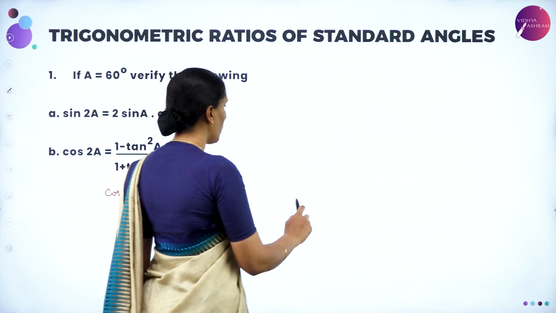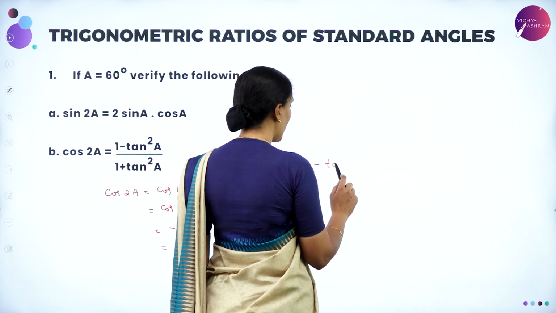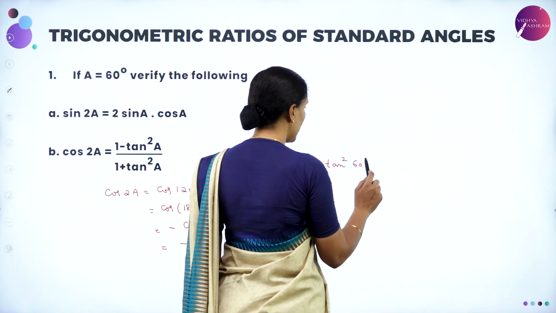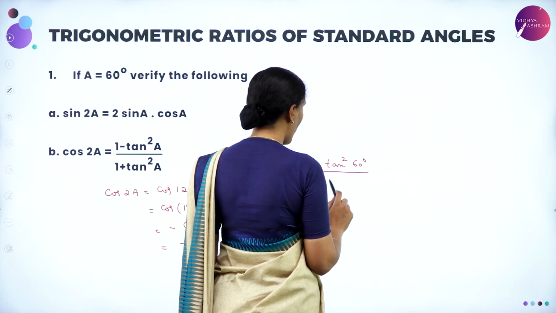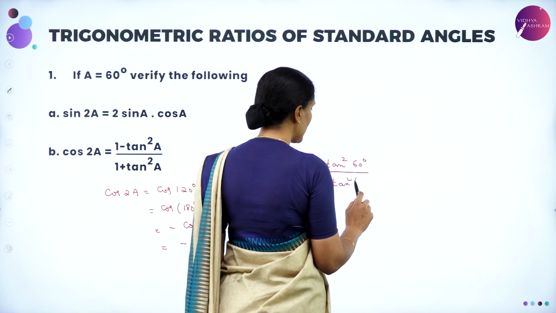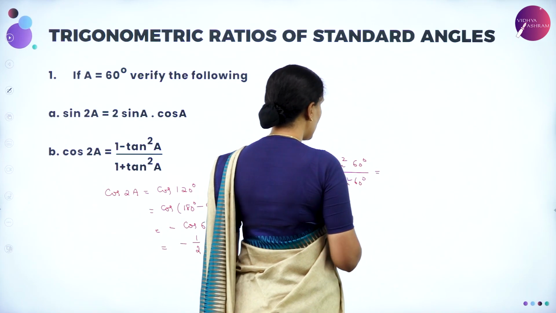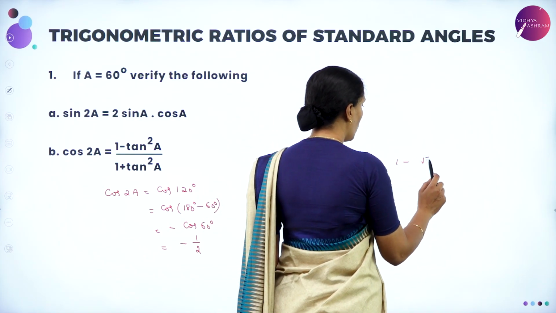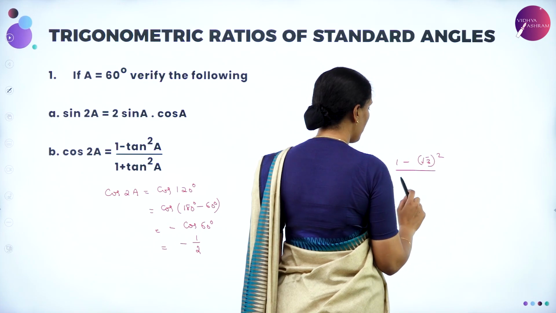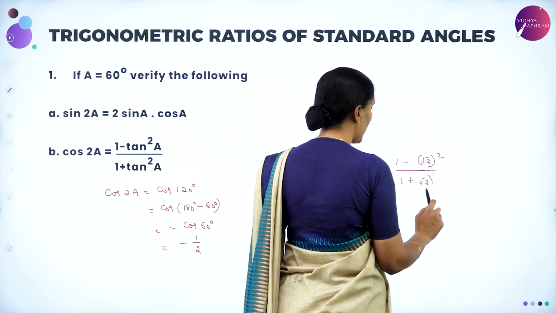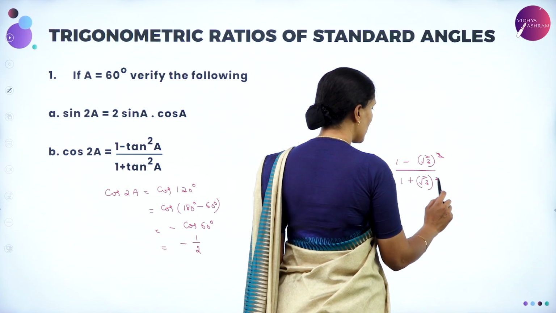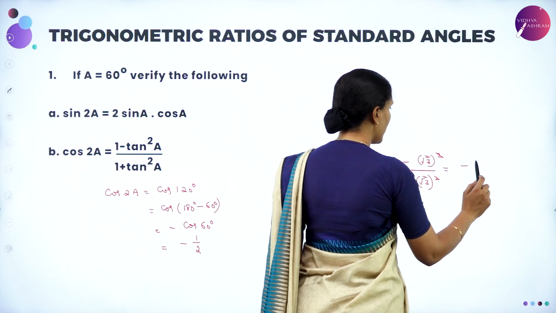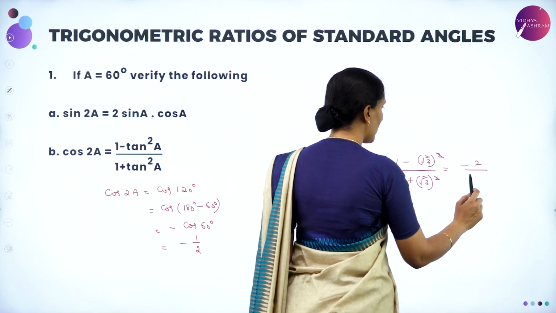Now let's take (1 minus tan square A) divided by (1 plus tan square A), which is nothing but tan square 60 degree. So this is (1 minus root 3 whole square) divided by (1 plus root 3 whole square). Root cancels with square. So 1 minus 3 is minus 2. 1 plus 3 is 4.